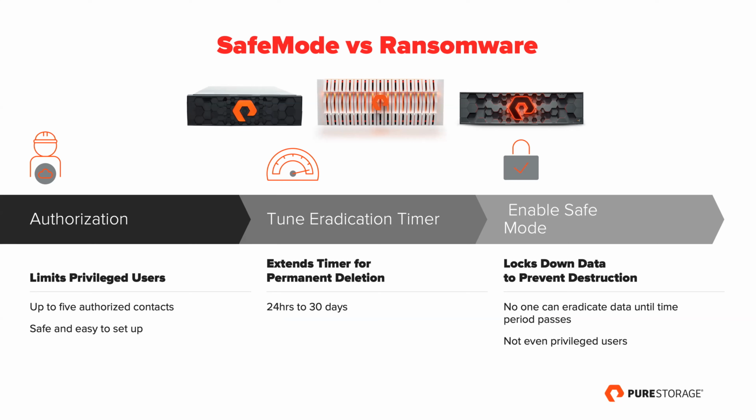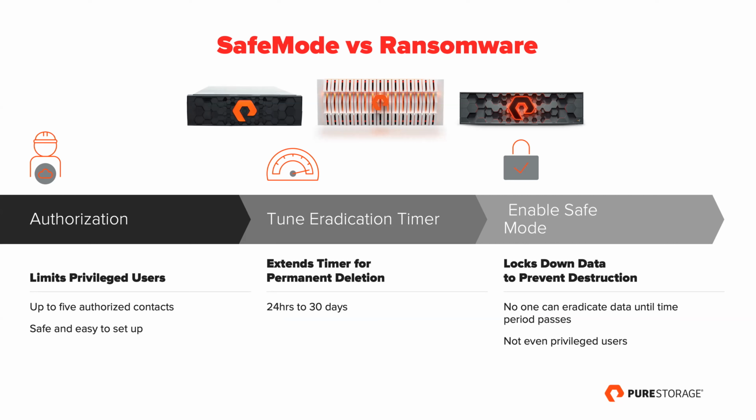Where SafeMode is enabled, the snapshot cannot be removed by the storage admin nor by anybody logging into the array, except for support. If support is called to remove the snapshot, it will ask for the PIN that has been previously introduced to the authorized personnel from the company.